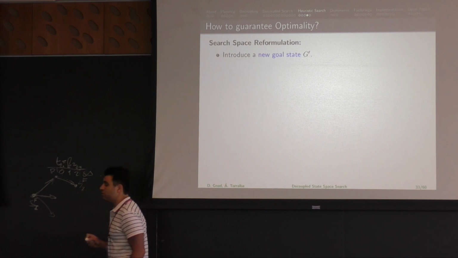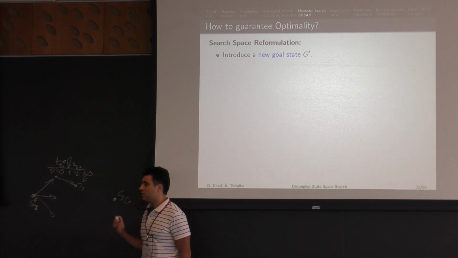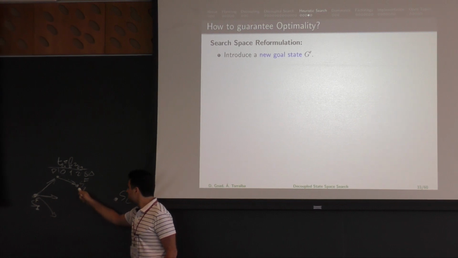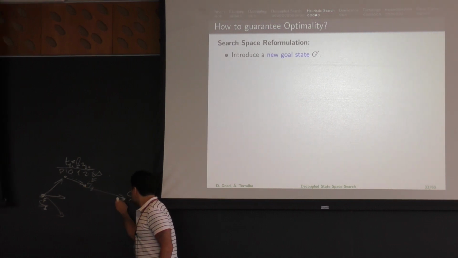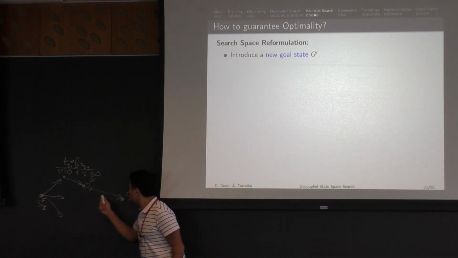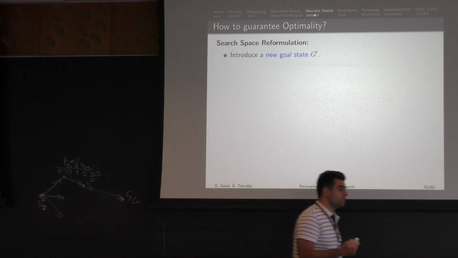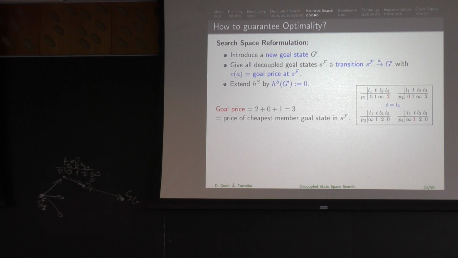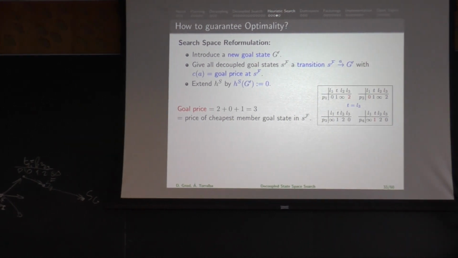Let's call it SG. This is an artificial state. And then from every goal state, we add an action to the artificial goal. And the cost of this action, this is the key part, will be equal to the goal price of this. So basically, imagine this example here.